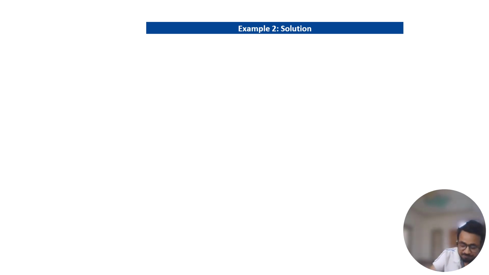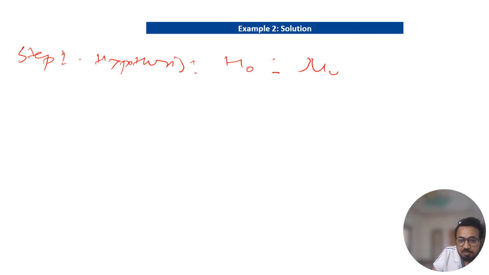So in step 1, hypothesis. H naught equal to what? Mu naught equal to 60, and H1 is what? H1: mu not equal to 60, right?